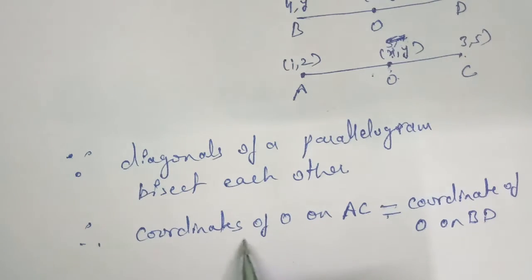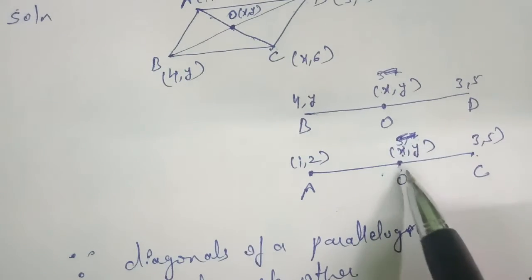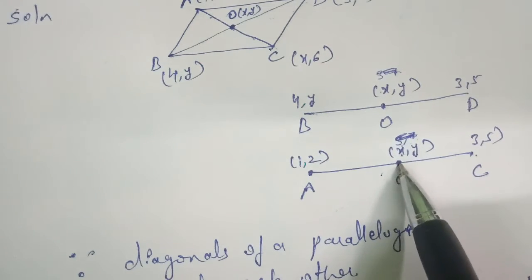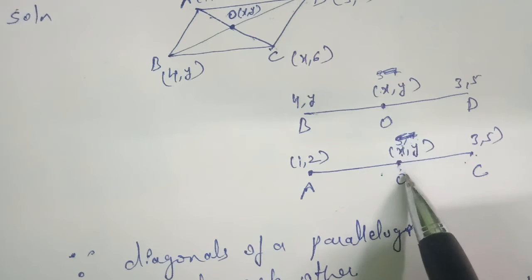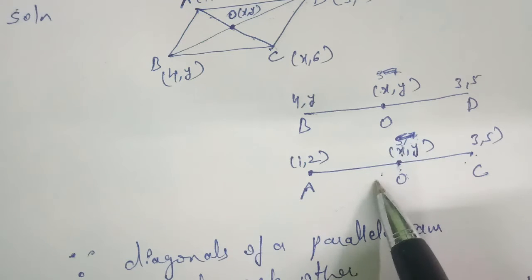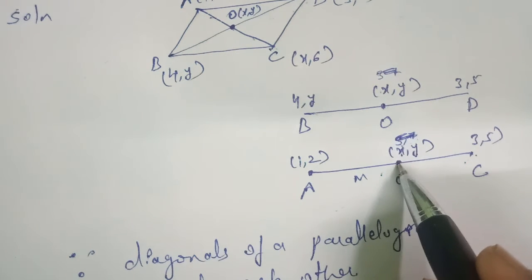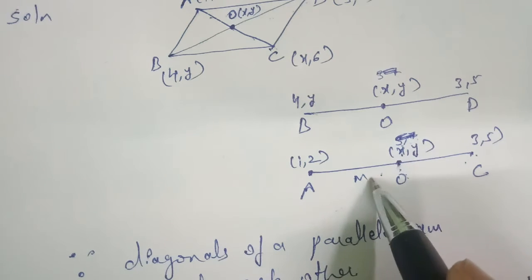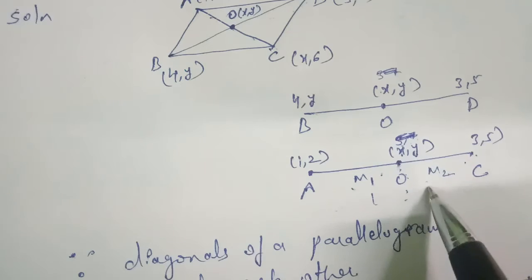Now for finding the coordinates of O on AC, let us write it in the rough. We have learned the section formula. If O is at the midpoint, both ratios are equal, that is 1:1.